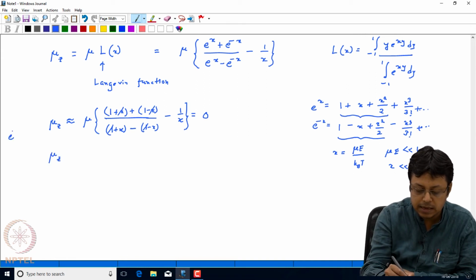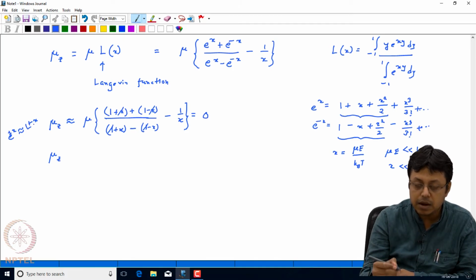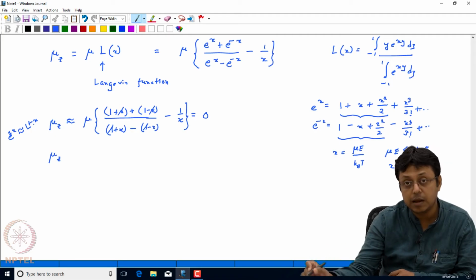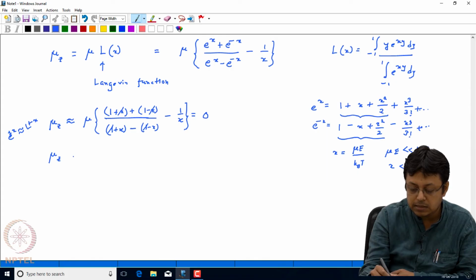So, if I take e to the power x to be 1 plus x, or e to the power minus x as 1 minus x, something like that. But now I am making the approximation, truncating up to the third term, and let us see what will be the value. Again, this is an approximate expression for mu z.